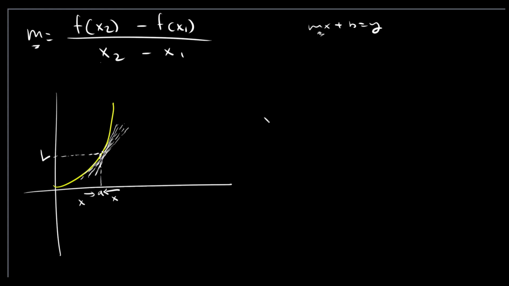Okay. So what we're gonna do here is basically, let me just erase this a little bit. We're gonna have to take 2 points from the right and from the left, and at the middle we're gonna have a, and at the right is going to be a plus h, the left is going to be a minus h.